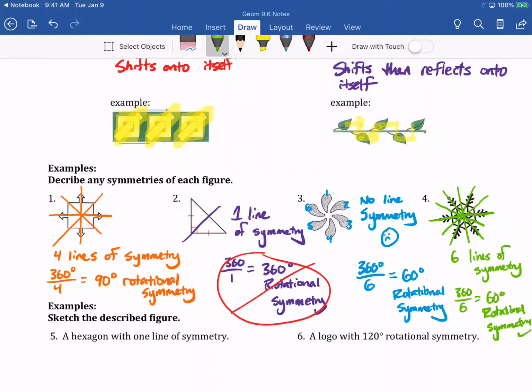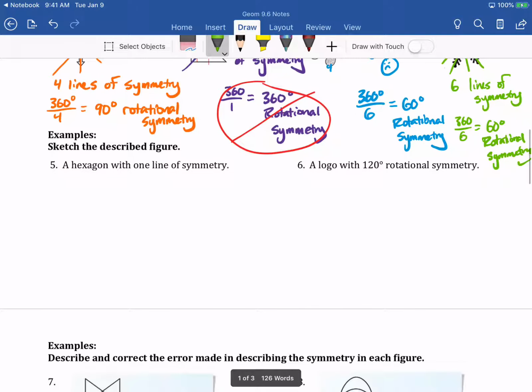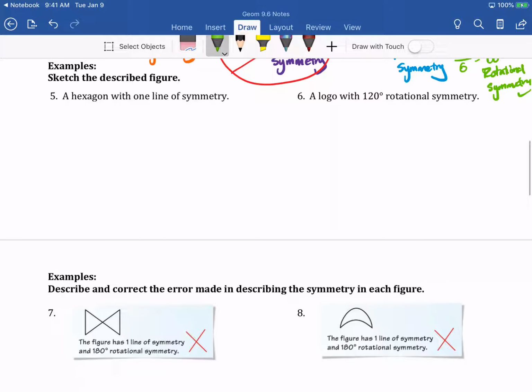Okay, so now we're going to kind of work backwards. We're going to be given the symmetries, and we're going to see if we can come up with a figure that works for that description. So that's what we're doing down in these 2 examples. We're going to sketch a hexagon with only 1 line of symmetry.